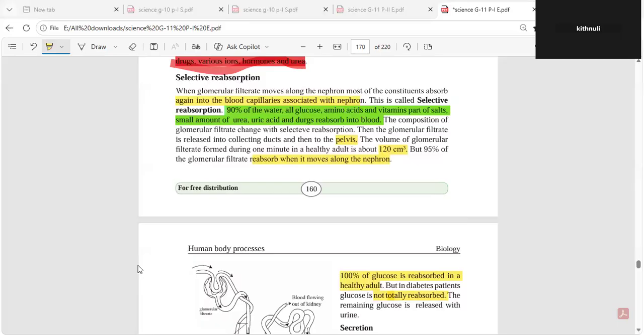Then the composition of this glomerular filtrate will change because all these things are being reabsorbed. So this composition is changing, right, of the filtrate.